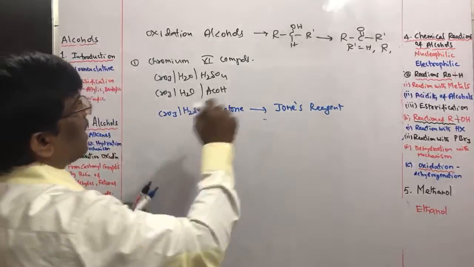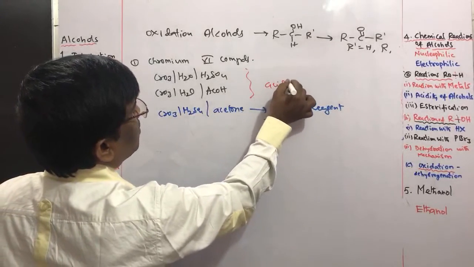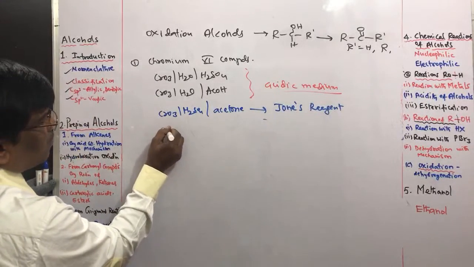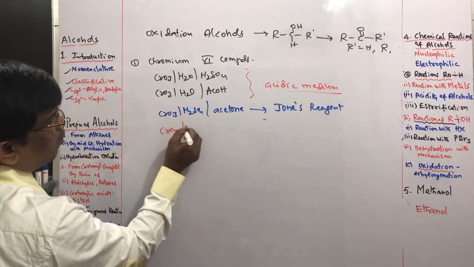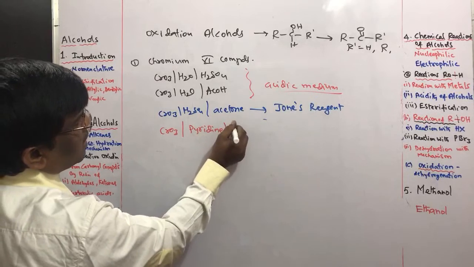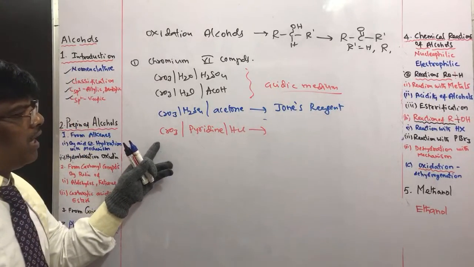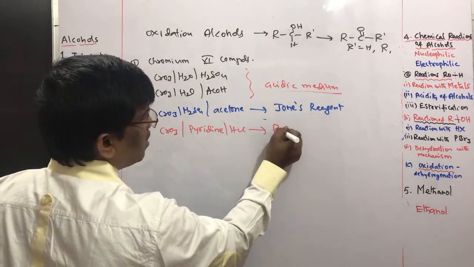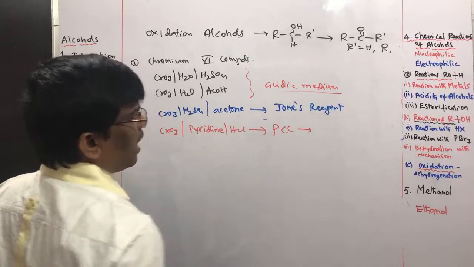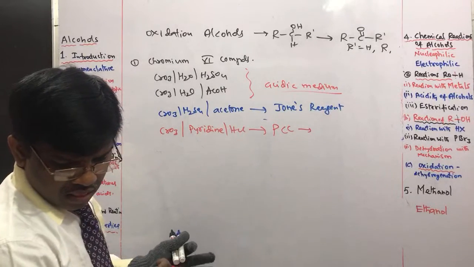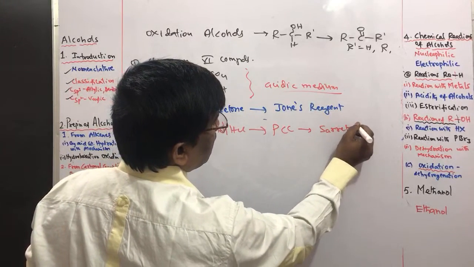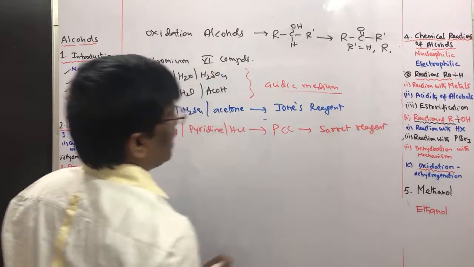These are all acid catalysts, so these are all acidic medium, right? Some compounds may be acid sensitive. To overcome that problem, there is a reagent, chromium trioxide plus pyridine plus HCl, pyridinium chlorochromate, PCC, known as Corey-Suggs reagent.